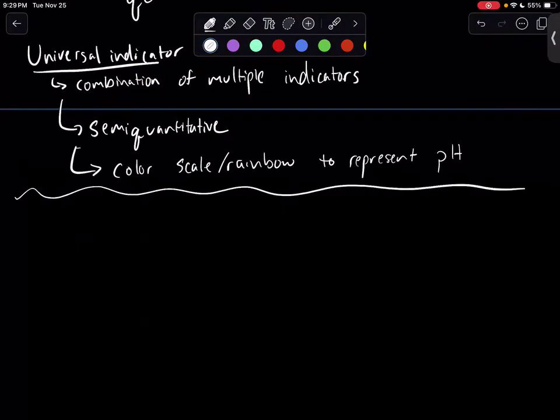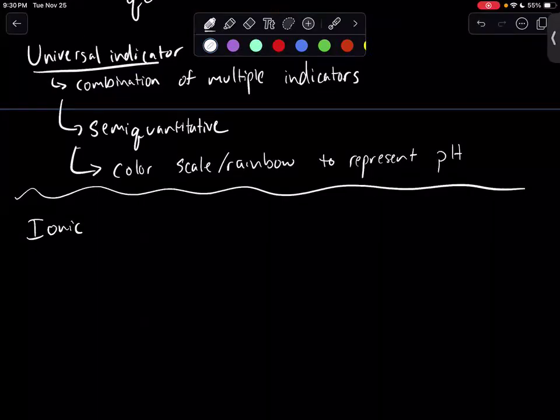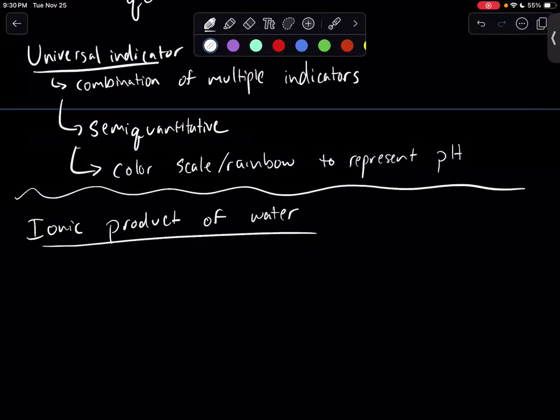The last thing that we're going to talk about in this video is called the ionic product of water. So when we think about water, and I kind of foreshadowed it earlier in this video, water is generally stable.